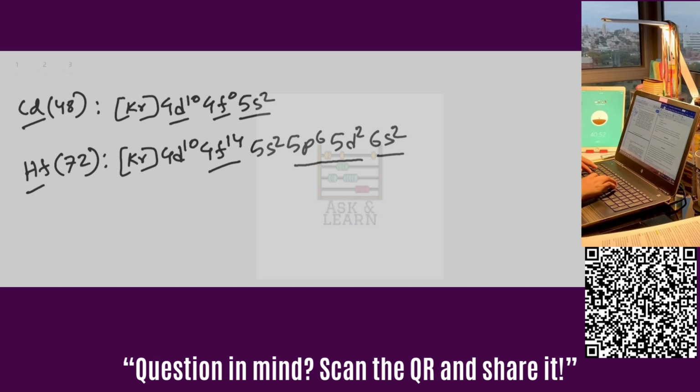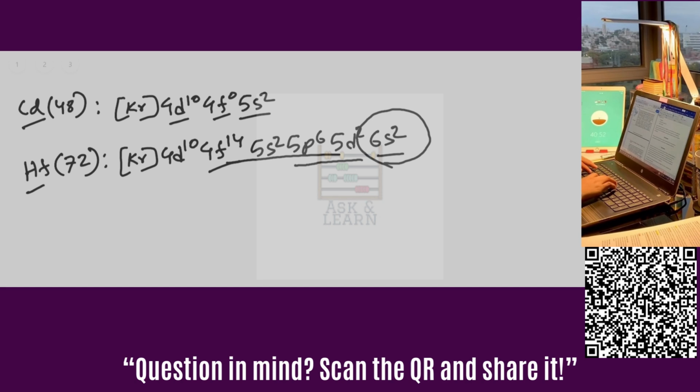So the point here is that when we are going from row 2 transition metals to row 3 transition metals, we are barely adding any new shell, or we are adding only two electrons in the new shell, but most of the electrons are still going in a lower subshell of electrons.